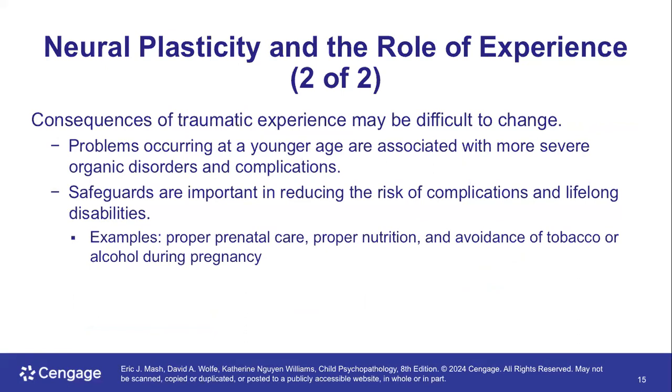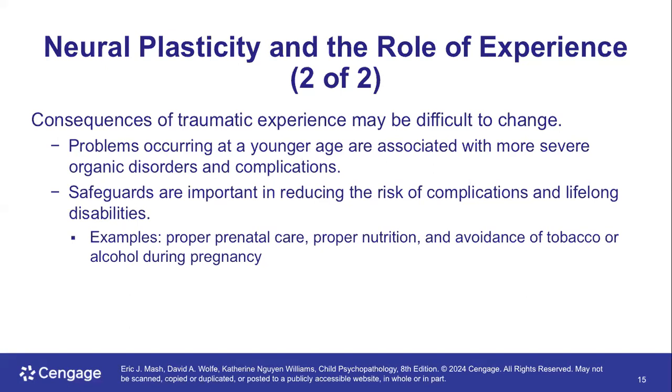I did say this, your ability to deal with a traumatic experience changes through time. Now, if we were to see ongoing trauma, that could stunt neuroplasticity. And the younger the trauma or the traumatic experiences, the more complications you have.